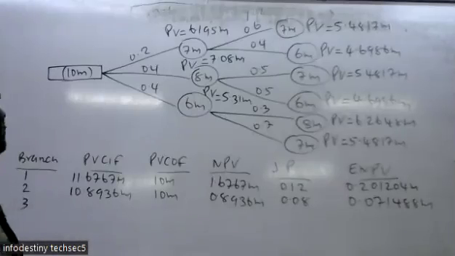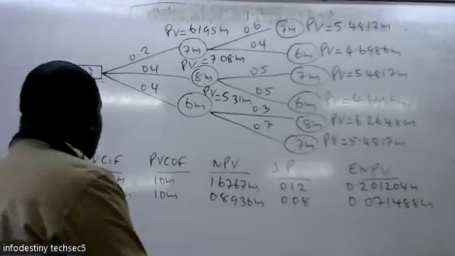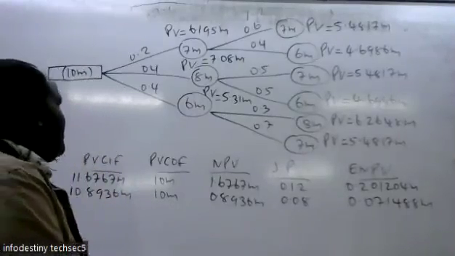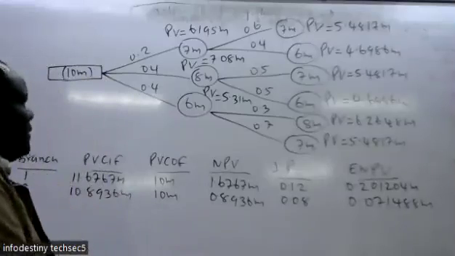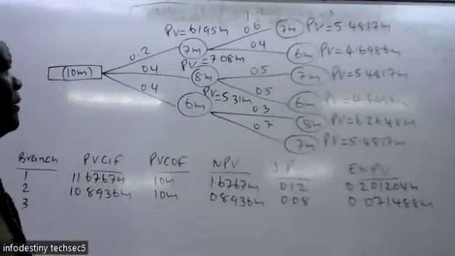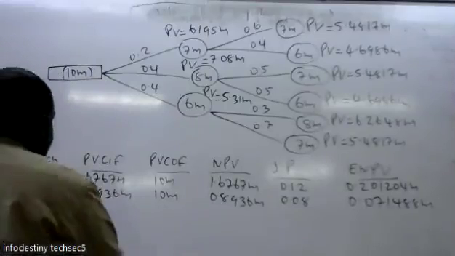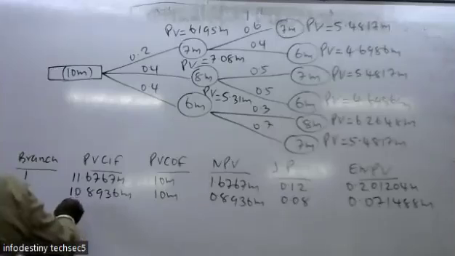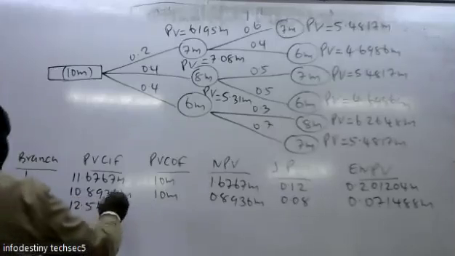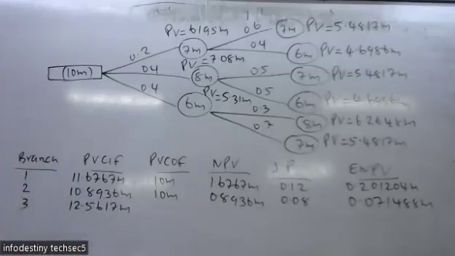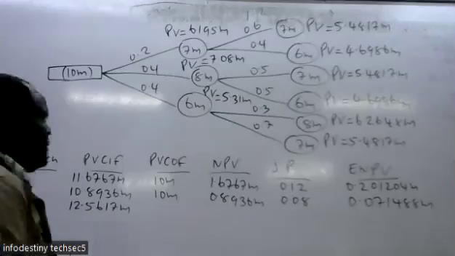So branch 3, you add 7.08 plus 5.4817. That gives 12.5617.